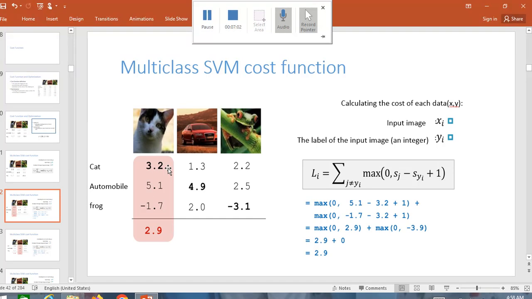But this score is higher than 1 plus the score of the frog class. If we calculate the sum of these errors, you can see that finally the error is 2.9. So we consider this 2.9 as the error. With similar explanations, the error for the third data is 12.9.